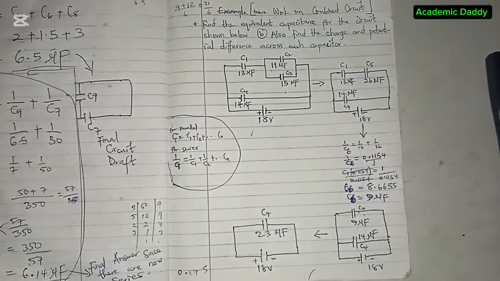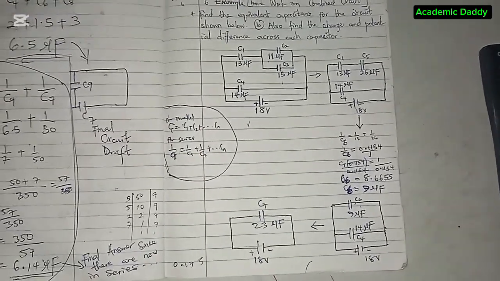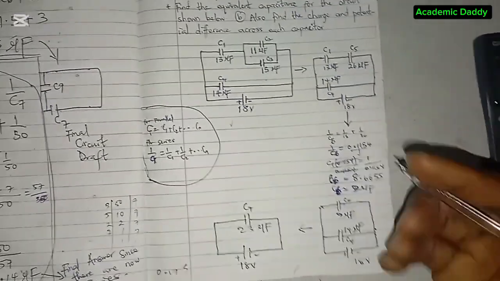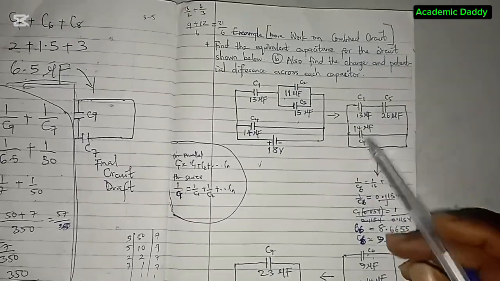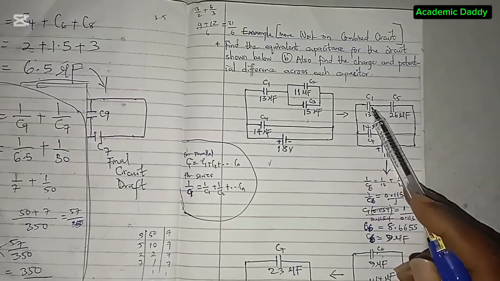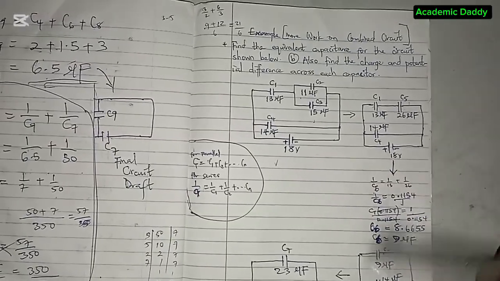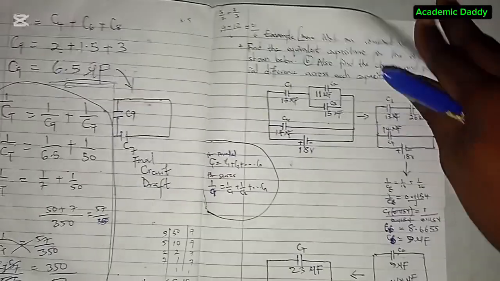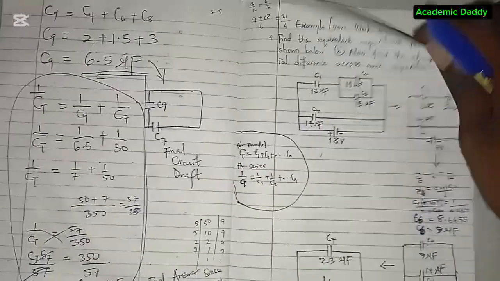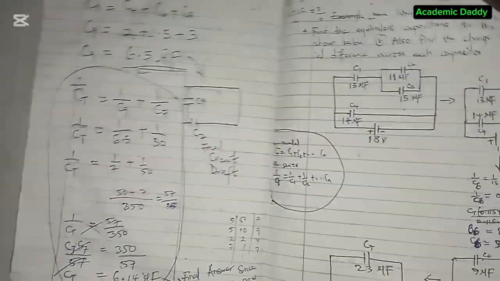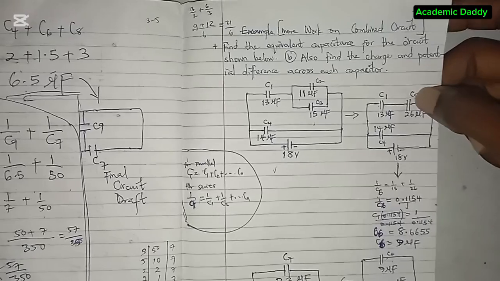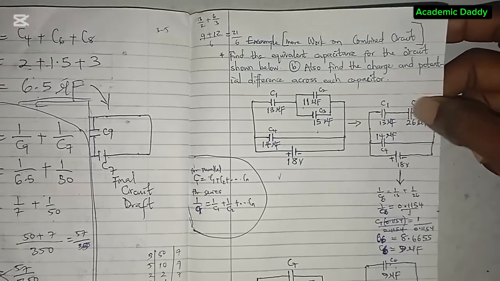So the way I've executed it now, if I want to find the charge on any of these, I can use the principle. Let's say I want to find the charge on C1 or C5. I don't have an issue. So let's find the charge on C1. Anything I find for the charge on C1 will be the same for C5, because they are in series, and charges in series are the same.